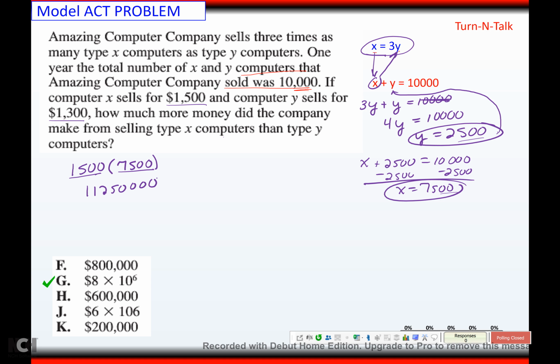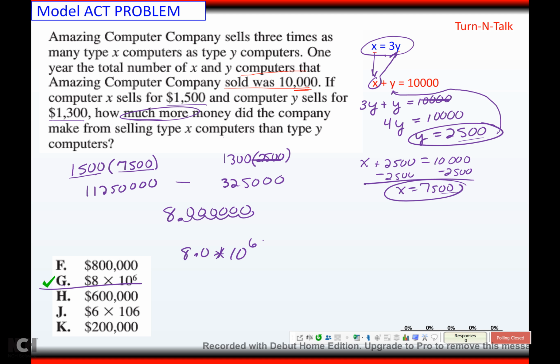My Y computers sell for 1,300 times the number I sold, 2,500, which gives me a total of 3,250,000. And when I subtract those, because how much more money suggests subtraction, I get 8 million, which in scientific notation is, I need to put the decimal there, so it would be 8.0 times 10 to the, go back to where it was, 1, 2, 3, 4, 5, 6 places to the right.